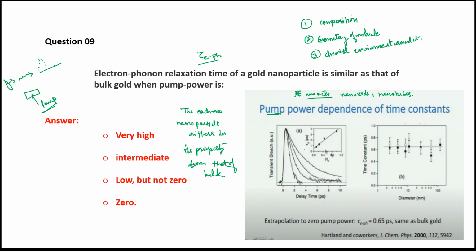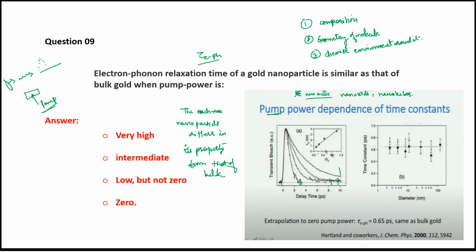Now see, this is the study of the delay time with respect to the pump power. So in each of these cases, the pump power is being changed. With the increase in the pump power, you will notice how the value of the time constant for each one, say this one, or this one, has changed.